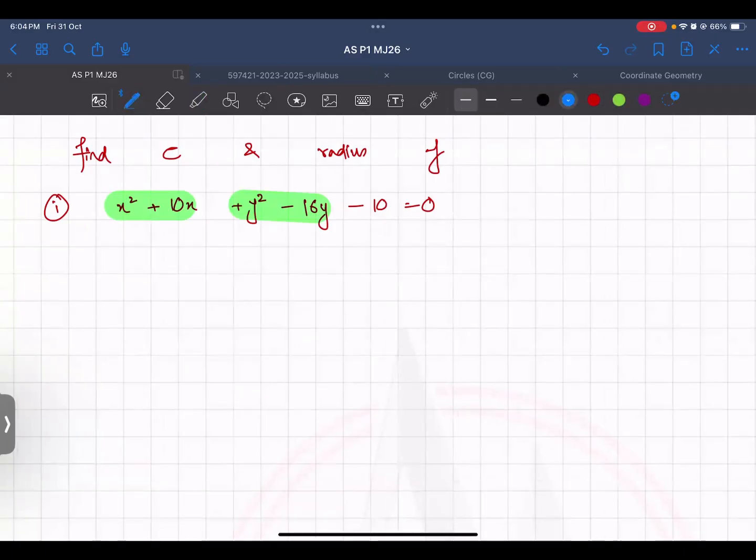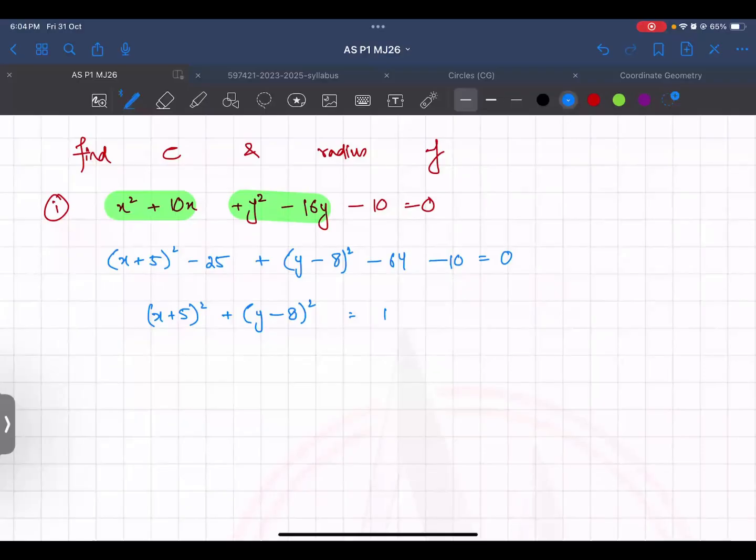If you do that, you will get x plus 5 whole square minus 25. And for this one, y minus 8 whole square minus 64 minus 10 is equal to 0. Then you move the other parts away: minus 10 minus 10 plus 64 plus 25.